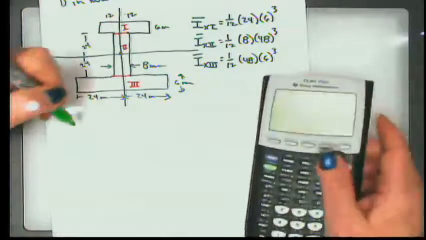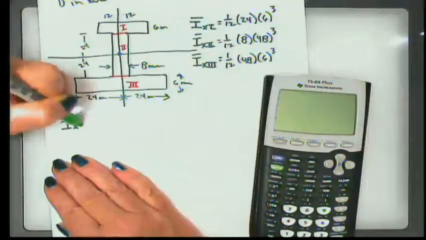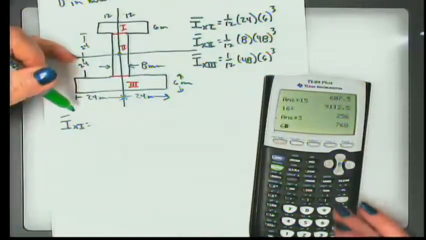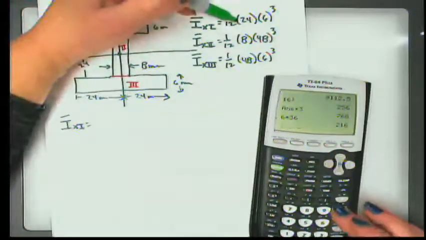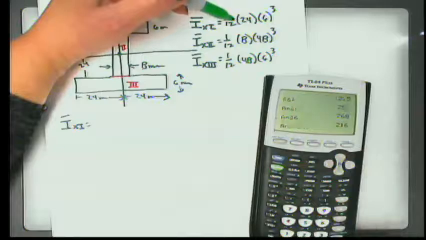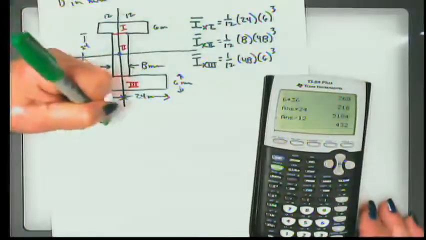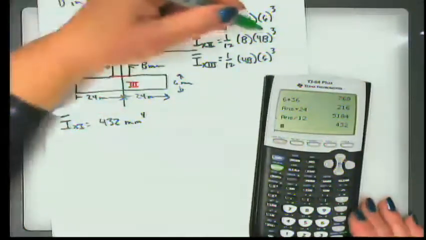Right. So I sub x bar of 1 is 6 to the third power times 24 divided by 12, which is 432 millimeters to the fourth power.